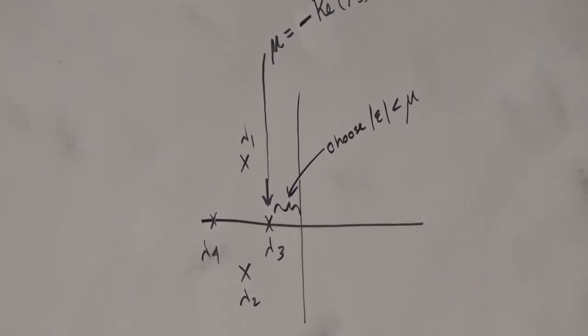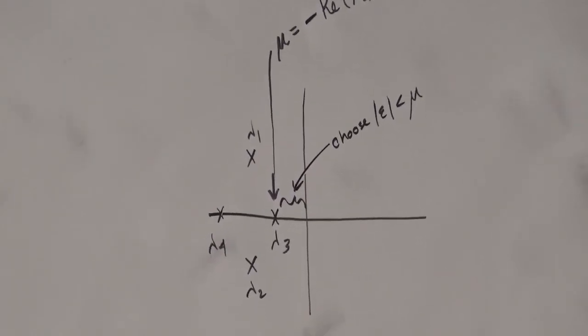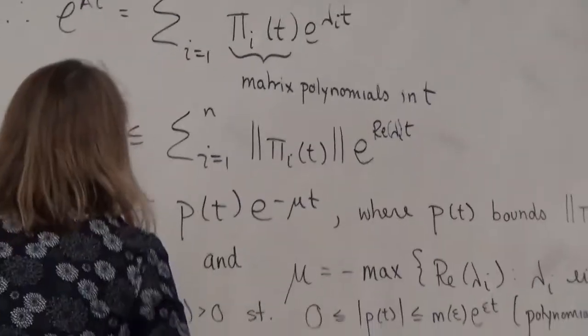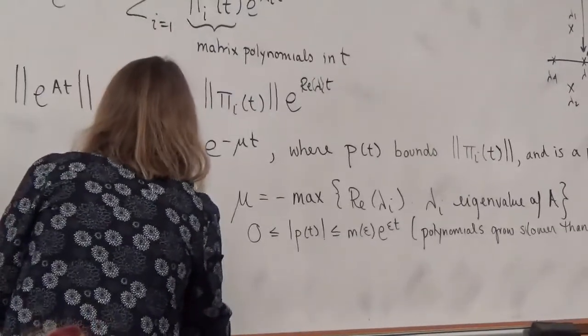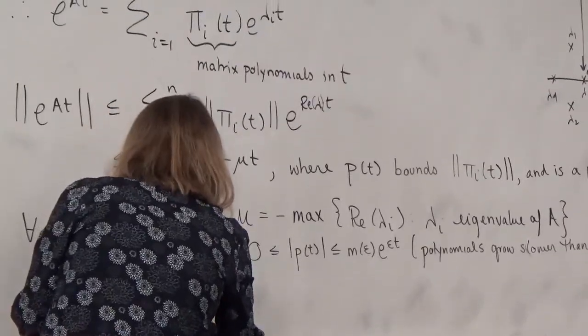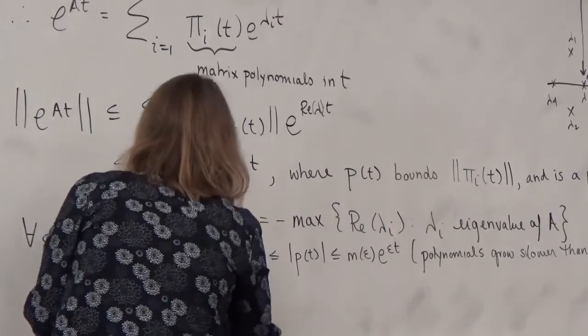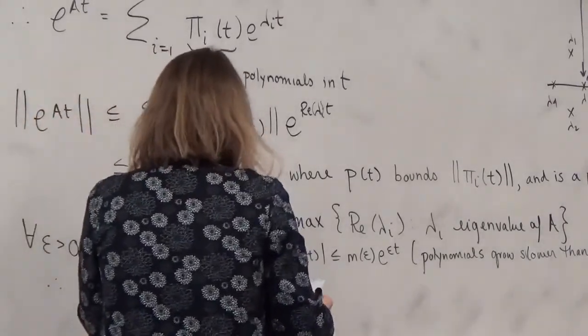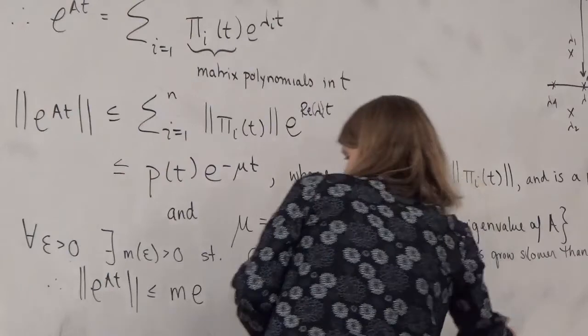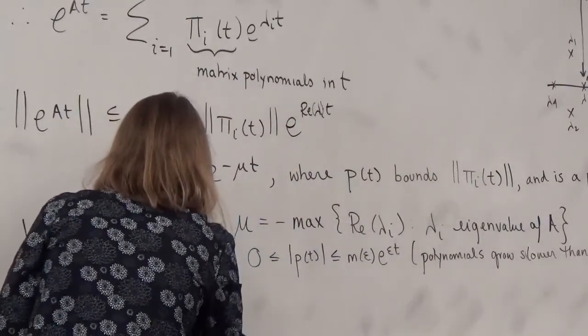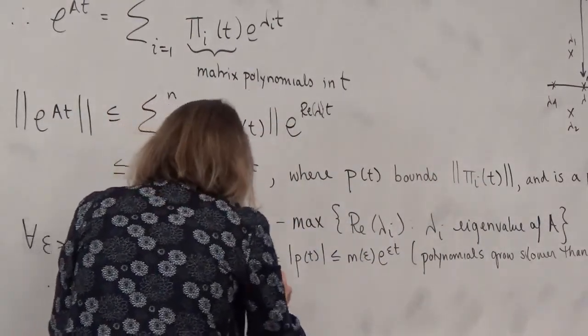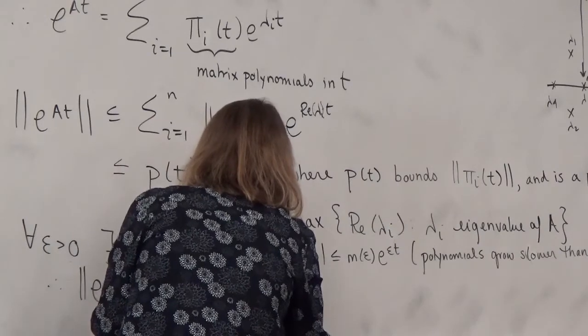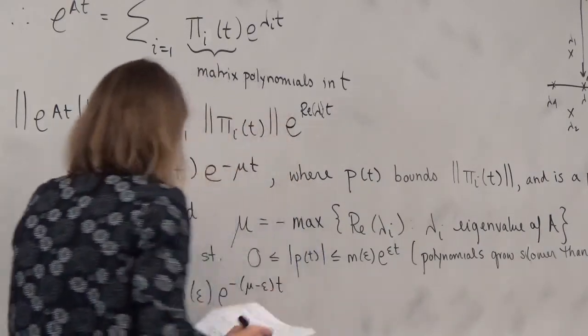Okay, so from this, I have that the norm of e to the at is less than or equal to m of epsilon e to the minus mu minus epsilon t.